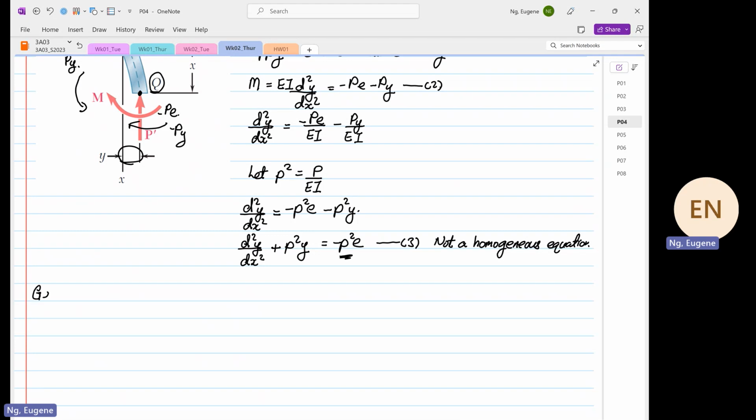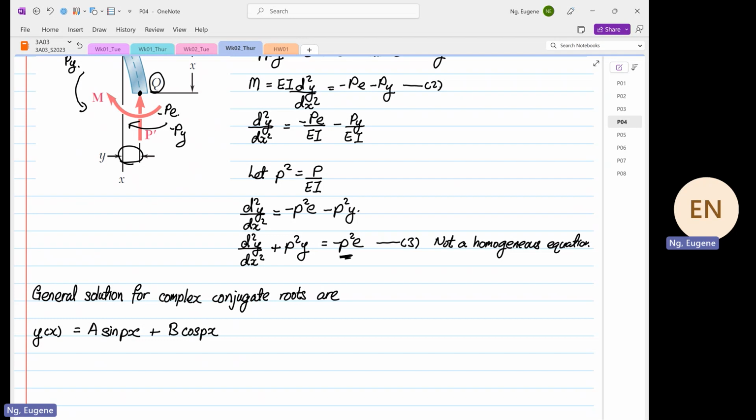The general solution for complex conjugate roots is, Y as a function of X equal to A sine px plus B cos px, and now we have minus E. Why do we have minus E?